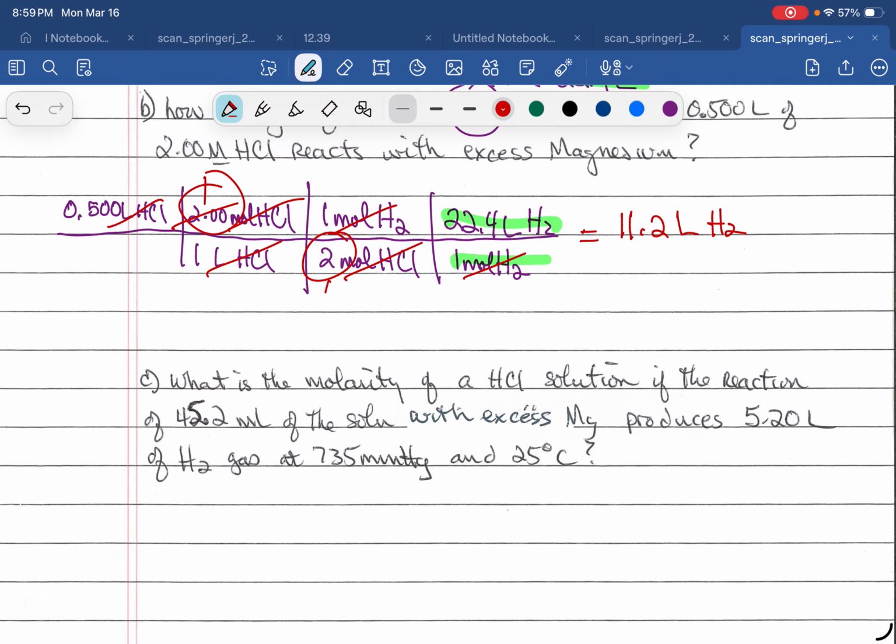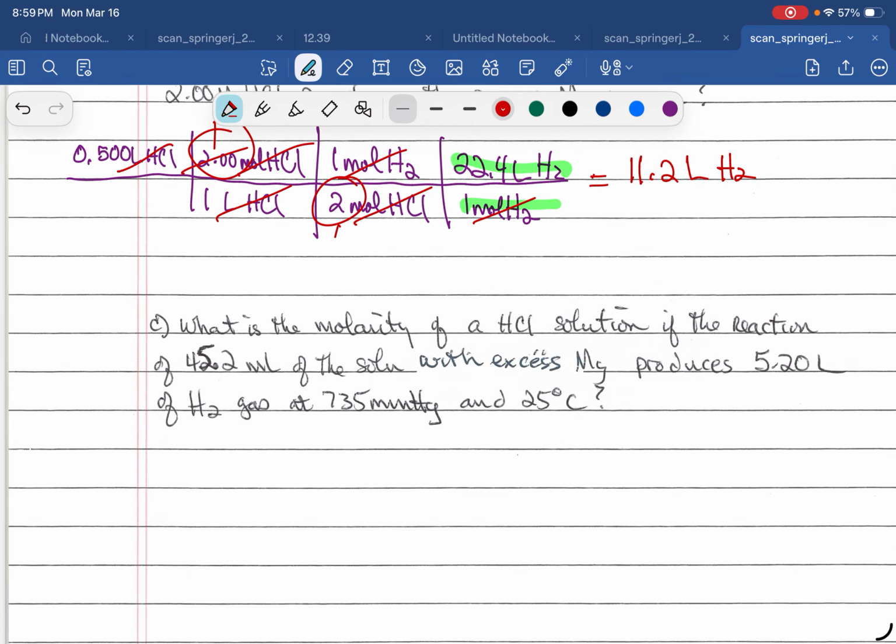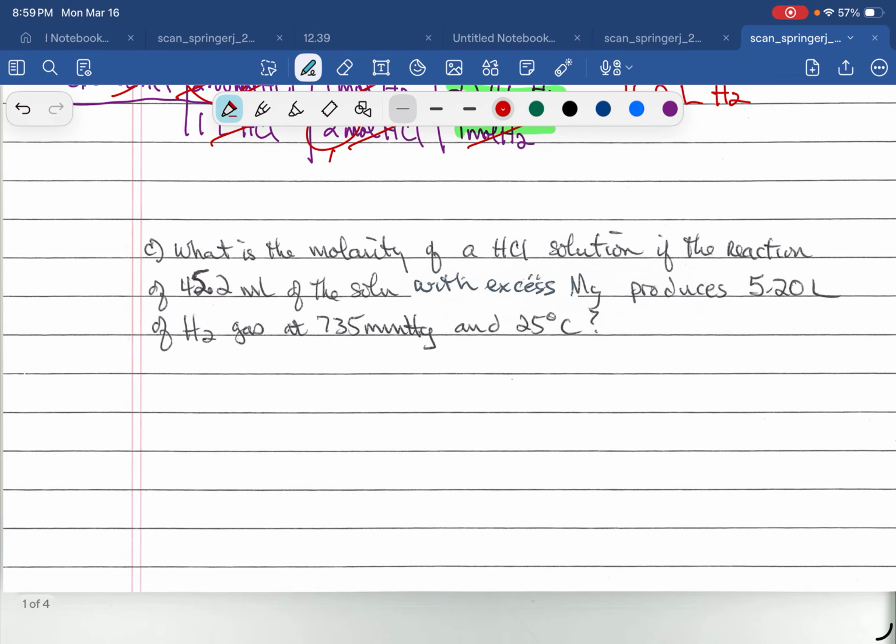What is the molarity of HCl solution if 45.2 milliliters of the reaction with excess Mg produces 5.20 liters of H2 gas at 735 millimeters of mercury, 25 degrees Celsius? I've got pressure, I've got temperature, I've got volume, I'm looking for moles, and I always have an R, right? Always have that from the flip chart.